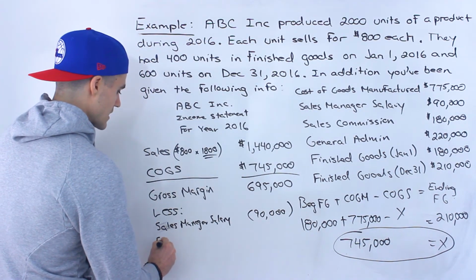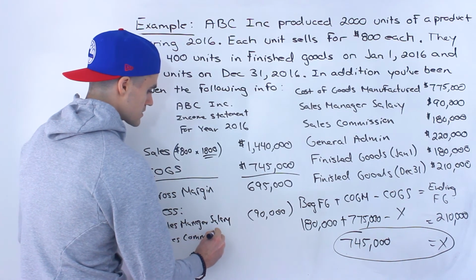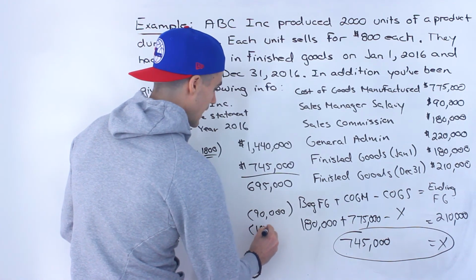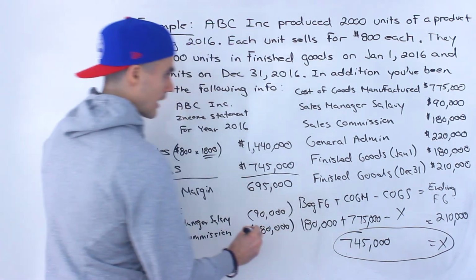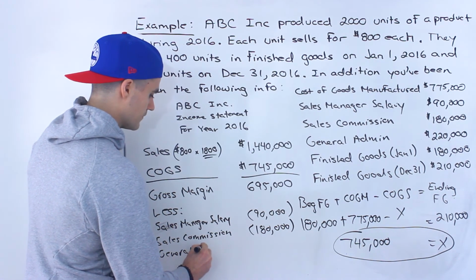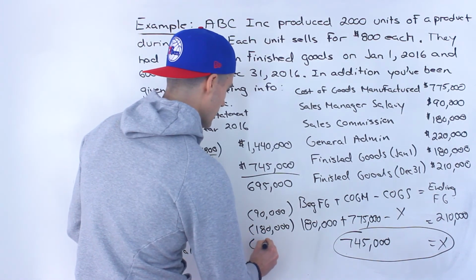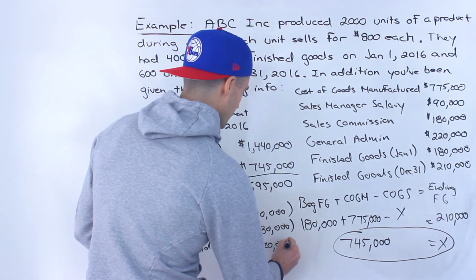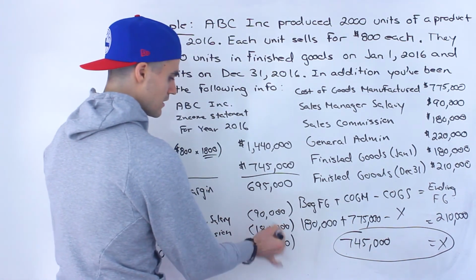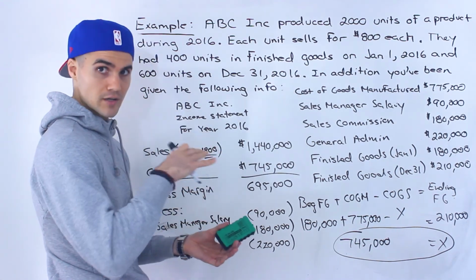Then we're going to have the sales commission, another period cost. So we're going to subtract that. That's going to be 180,000. And then we're going to subtract that general admin, which in this case is 220,000. Like that. So these here add up to 490,000. That's the total period costs.